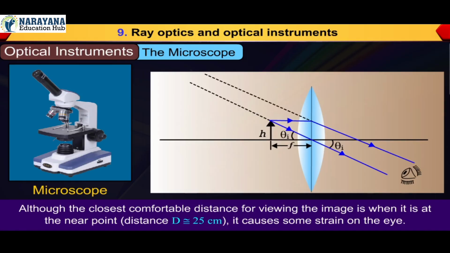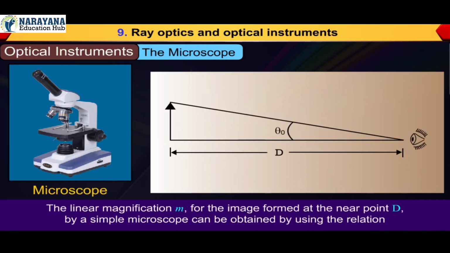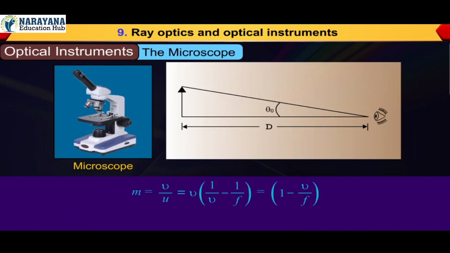We show both cases. The linear magnification m for the image formed at the near point d by a simple microscope can be obtained by using the relation m = v/u = v(1/v - 1/f) = 1 - v/f.